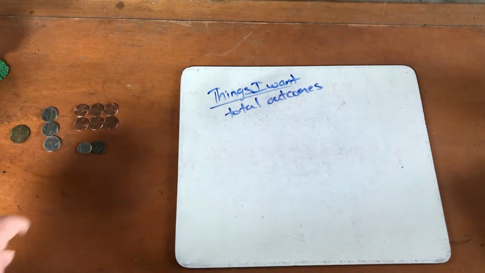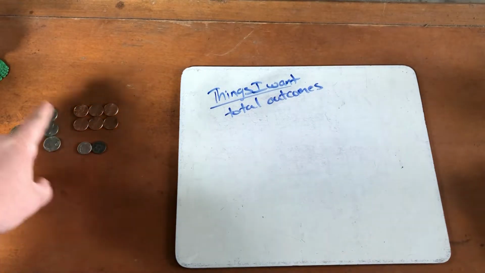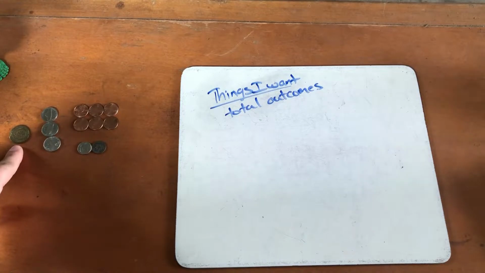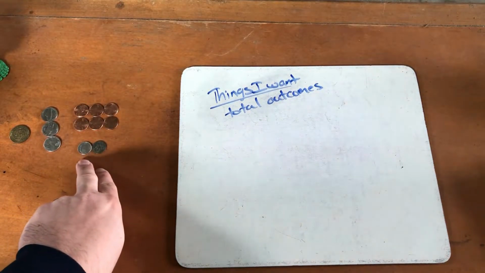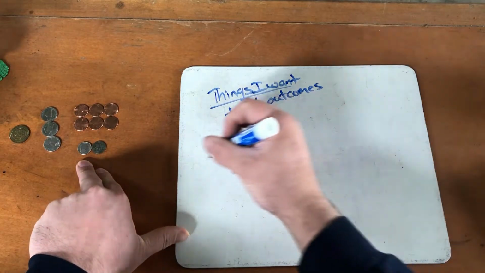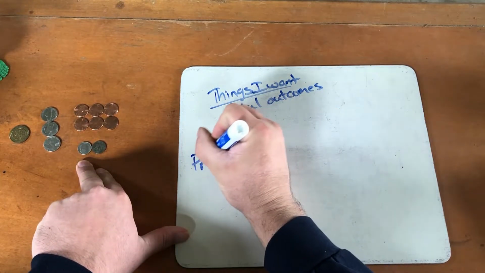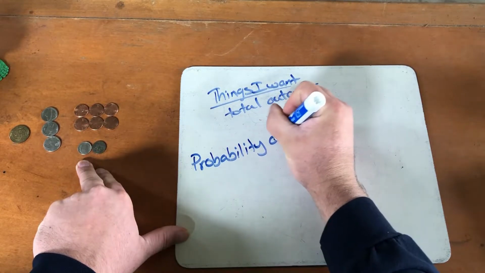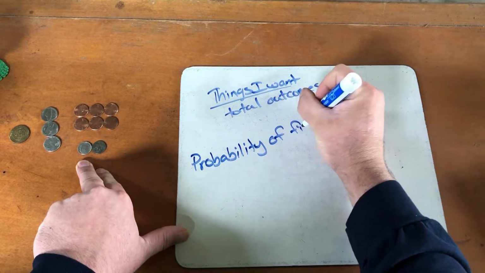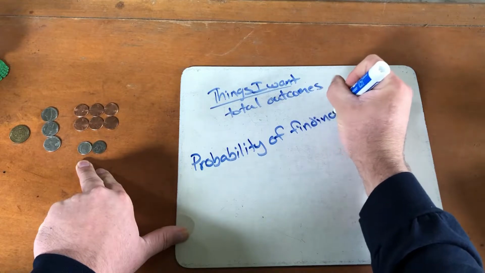Now, in this case, I have 2 dimes, 6 pennies, 3 nickels, and a Chuck E. Cheese token, because you never know when you're gonna wind up at Chuck E. Cheese. Anyway, if I wanted to find the probability of choosing a dime, there's 2 ways I could be asked this question. In words, it could say, what's the probability of finding a dime?